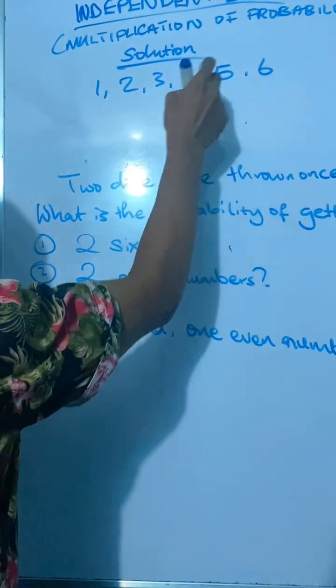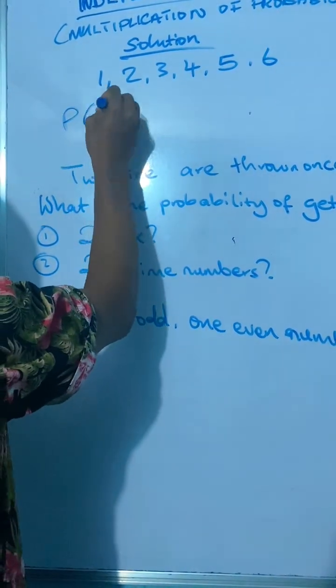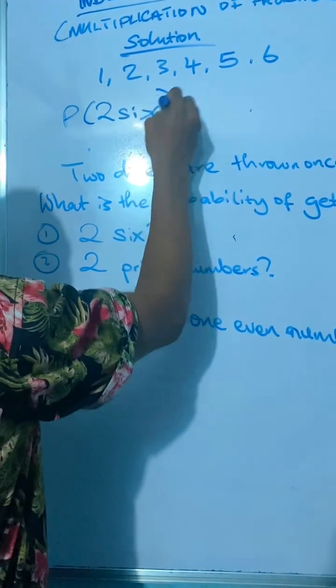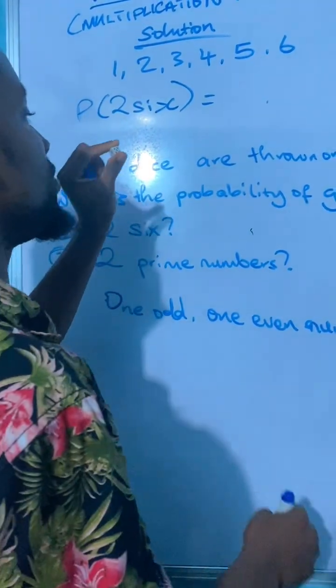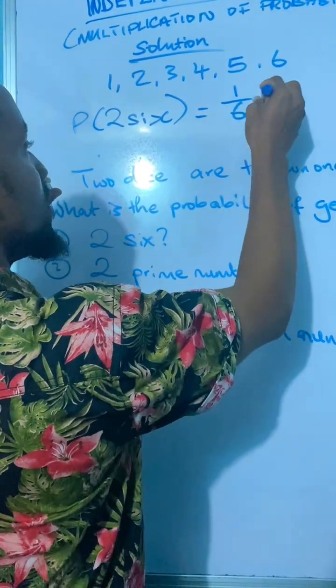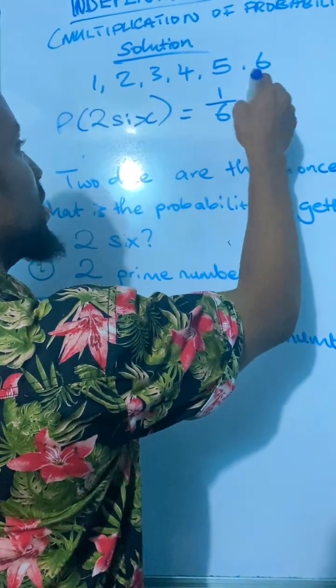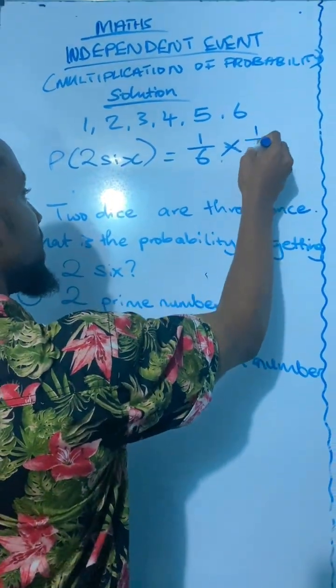So probability of getting 2 6 on 2 dice, what we are going to do is, what's the probability of getting 6 on the first die? 1/6. You say multiplied by the probability of getting 6 on the second die, which is the same 1/6.